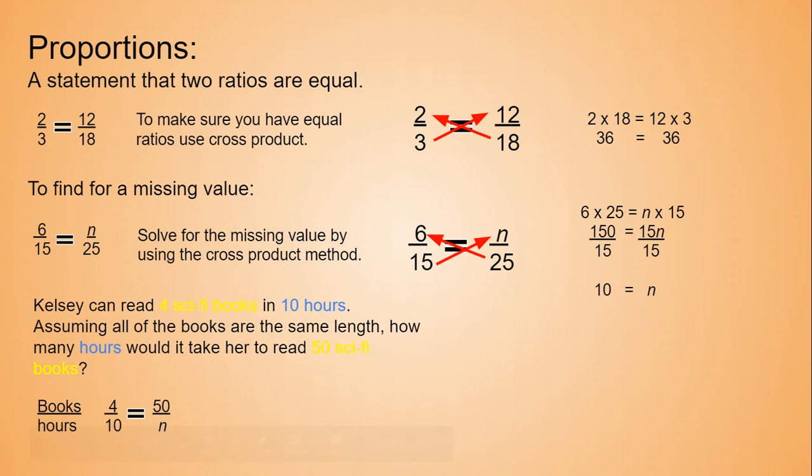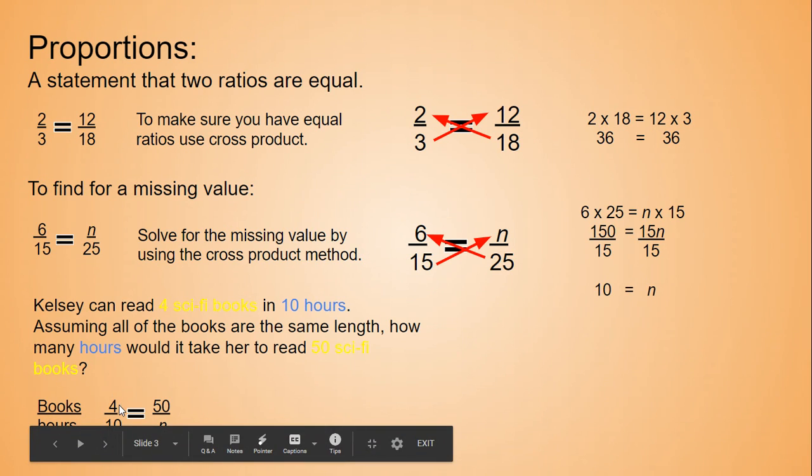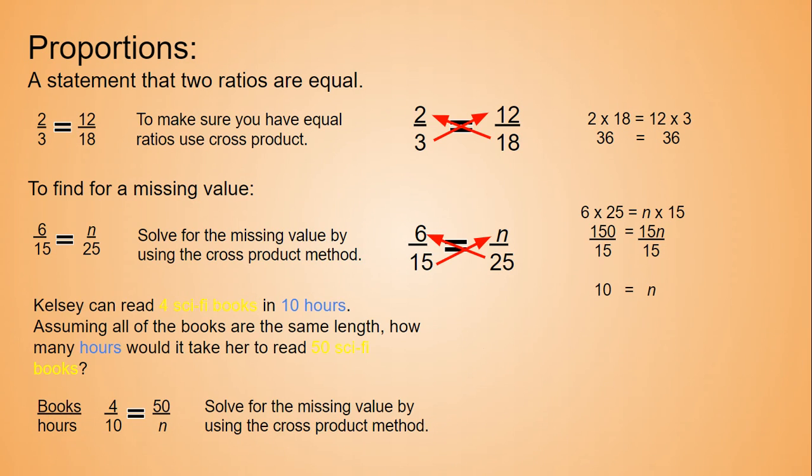In our proportion, we put the given first, 4 over 10. That would then equal, we know we need to read 50 books, but we don't know how long. So 50 goes on top and n goes on bottom. To solve for the missing value, we still do the cross product method. We take the n and multiply it by the 4, and then the 10 multiplied by 50.